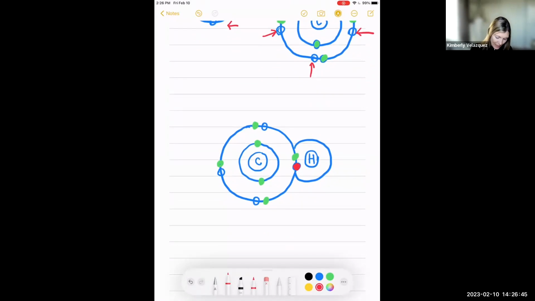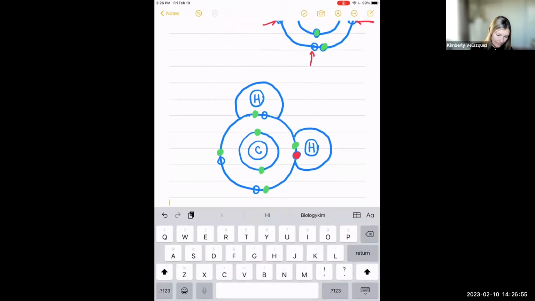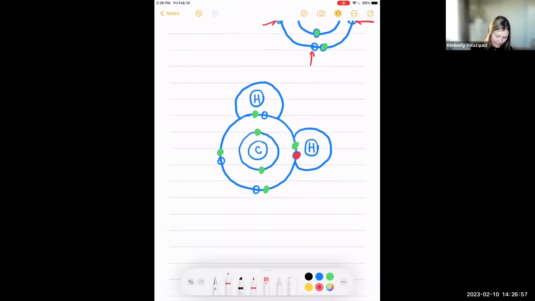And what if 3 other hydrogens come along and do the same thing? So this hydrogen is going to share an electron with carbon, and carbon's going to share an electron with that hydrogen. The same thing here, and the same thing here.